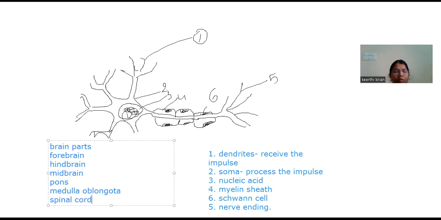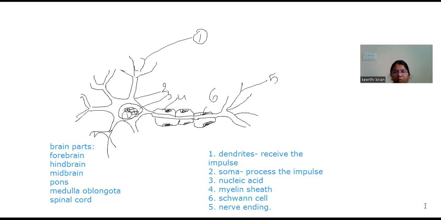So these are the different parts of the brain.